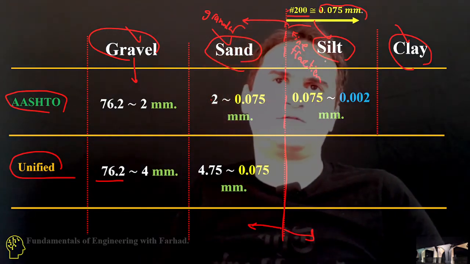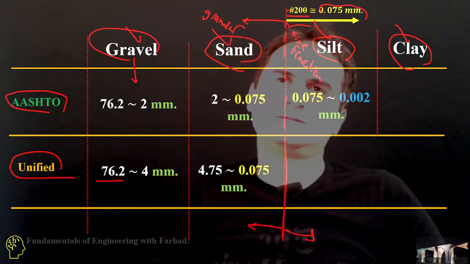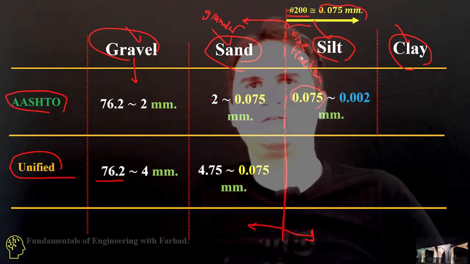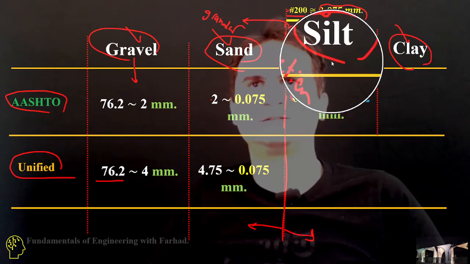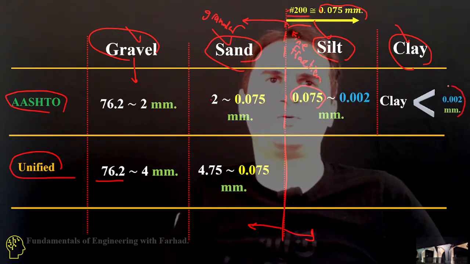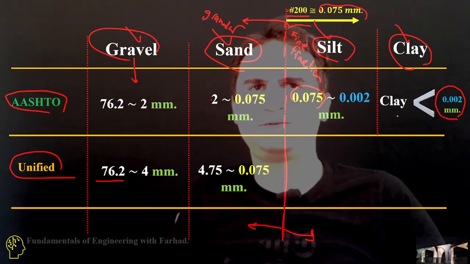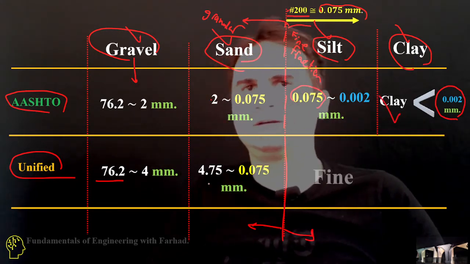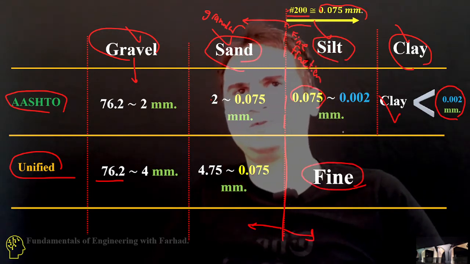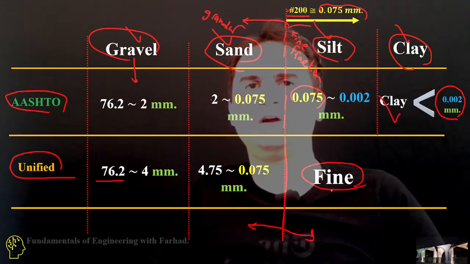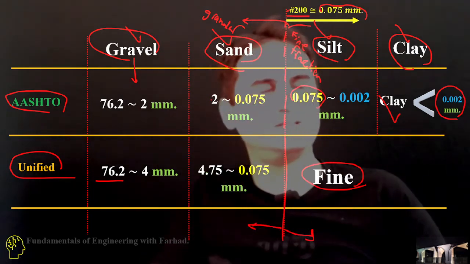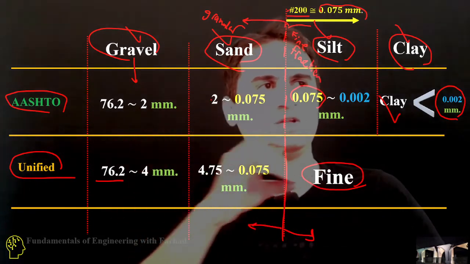For silt, between 0.075 and 0.002 millimeters is considered silt in AASHTO, and smaller than 0.002 millimeters is considered clay. But for fine material, we don't have any separation in Unified. There is no separation between fine material based on grain size, but based on the plasticity chart, we do have separation in the Unified method.